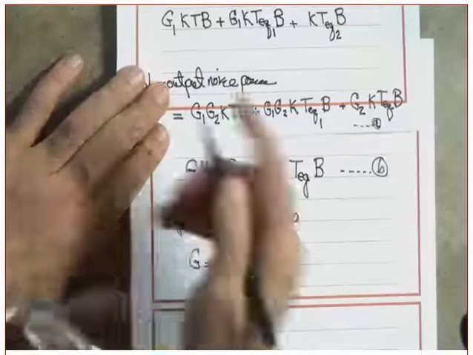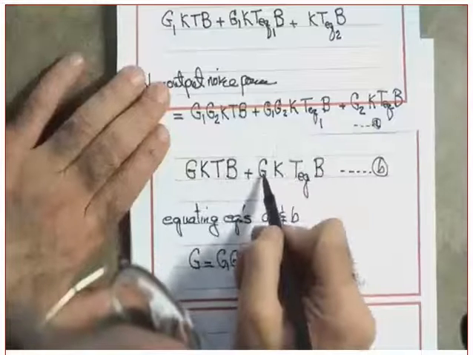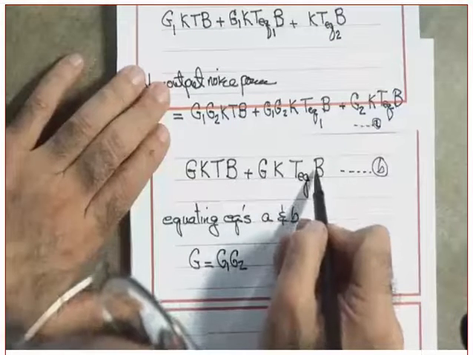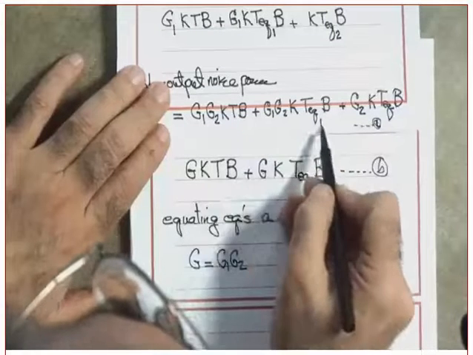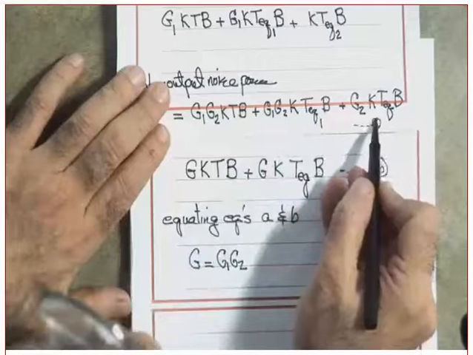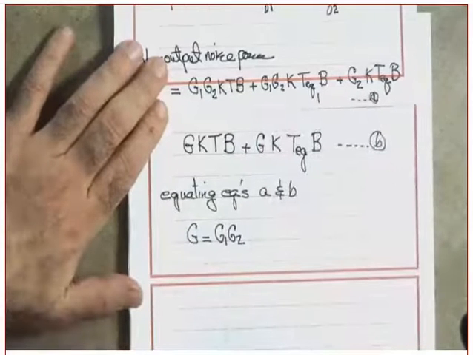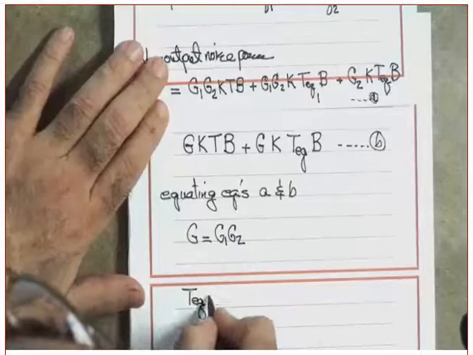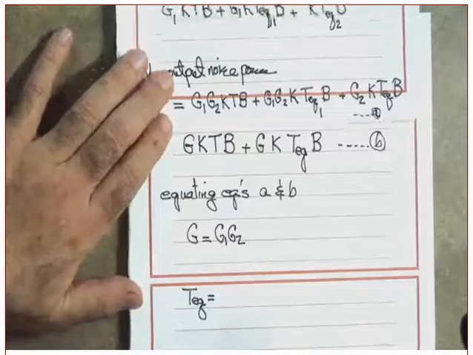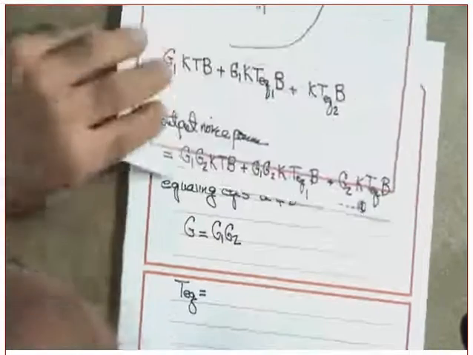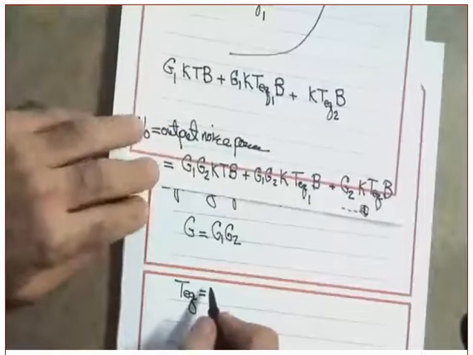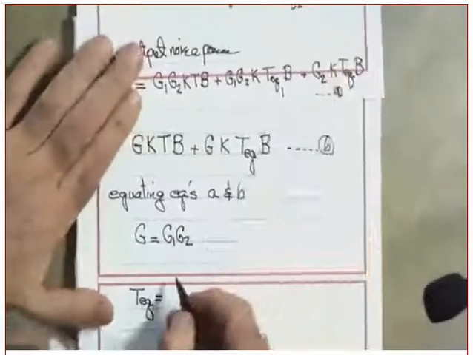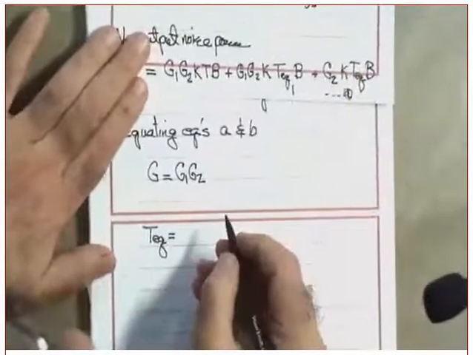Did you get this or not? Now, what does this term tell you? G K T equivalent B. What is T equivalent equal to? Okay, let's do it in 2 steps. You lost me here. Did you lose me? So what is it? Say that again.